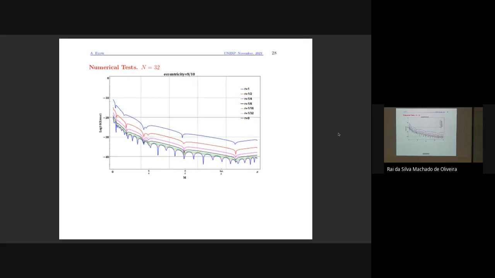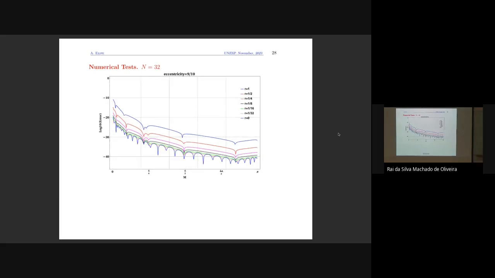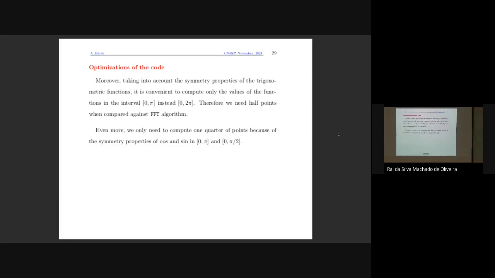And for 32, here we have 15. So with 32, we have between 20 and 30 exact digits. Okay? And we put only 32 points on the grid. Very fast evolution.